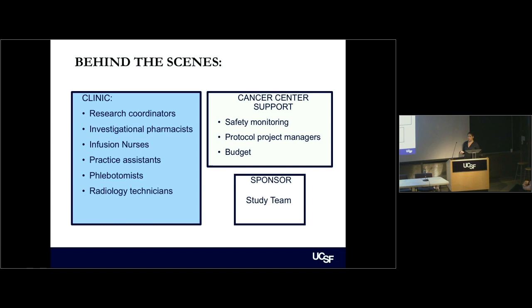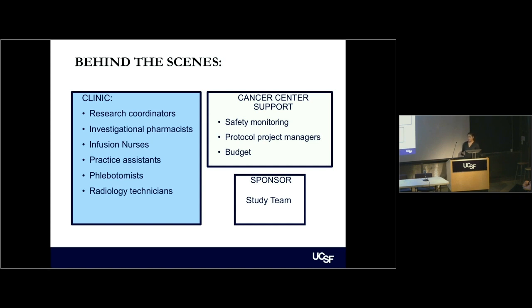So this is just a very short list of the many departments we have here at UCSF in the Cancer Center. We have our safety monitoring committee, making sure patients are safe during their time on trial. We have protocol project managers that basically do all the behind the scenes paperwork to submit the protocol to the safety committee and also the scientific advisory committee.